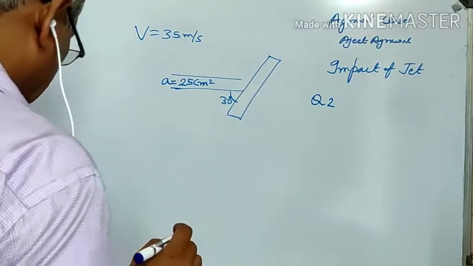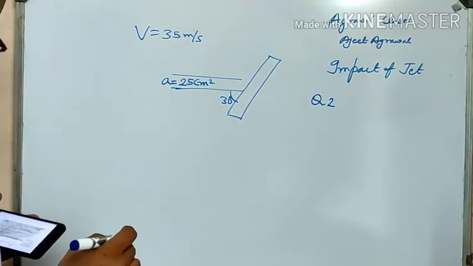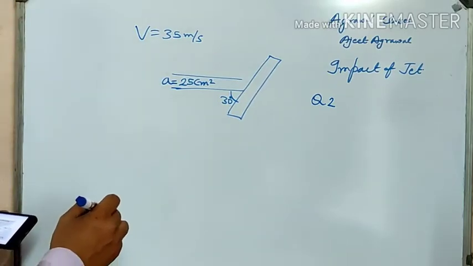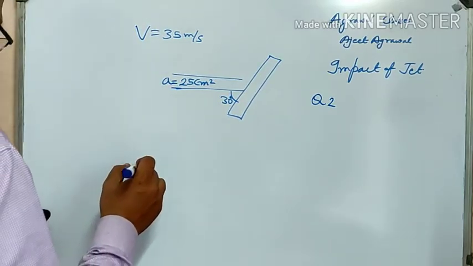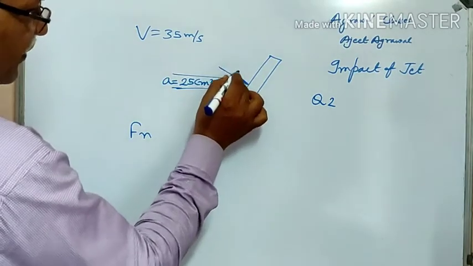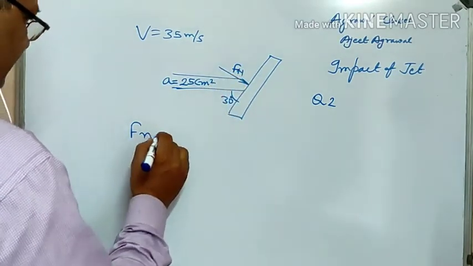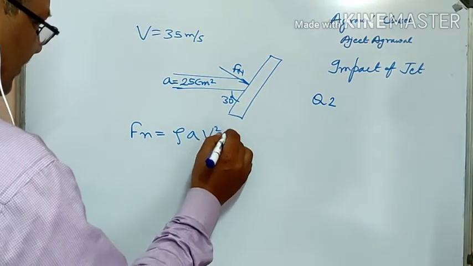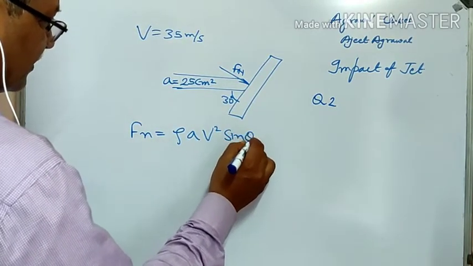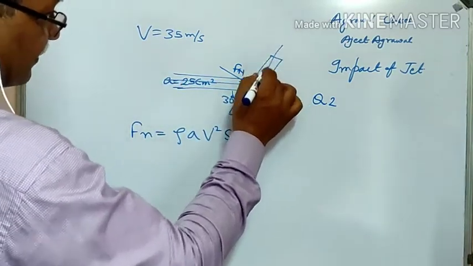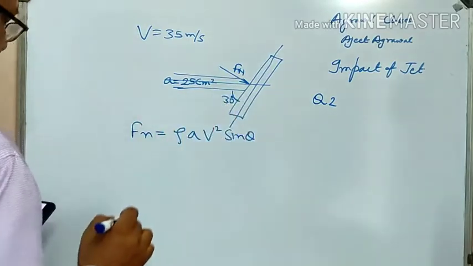We have to find out the force exerted by the jet on the plate. The force Fn is given as rho a v square sine theta, where theta is the angle between the axis of the jet and the plate surface.